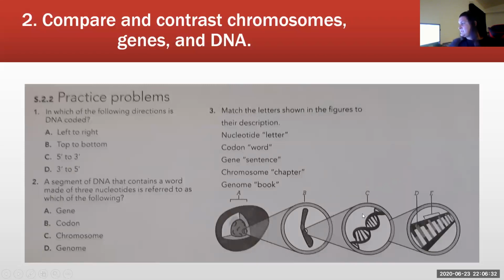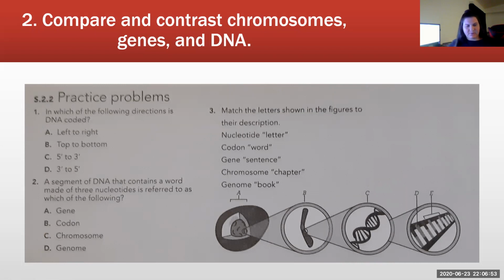In the double helix, the sentence is in the B chromosome, the chapter, in the book. So we have the nucleotide in the codon, in the gene, in the chromosome, in the genome. Hope that makes sense, how those all trickle down.